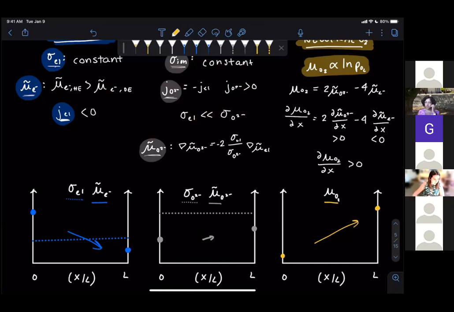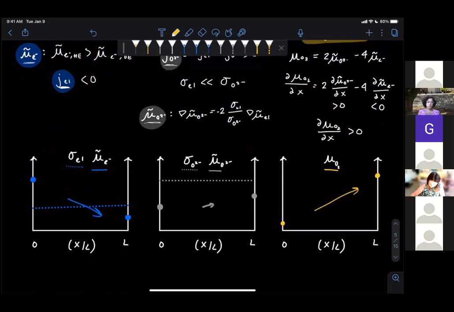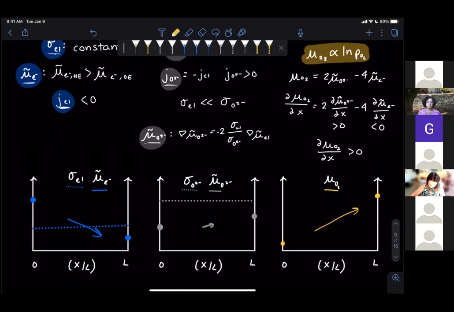Let's continue on and consider what happens at steady state instead. One thing that may be counterintuitive at this point is why we care so much about the chemical potential of oxygen in the solid electrolyte. If you think about YSZ at this point, it's not really supposed to have oxygen in it, right?